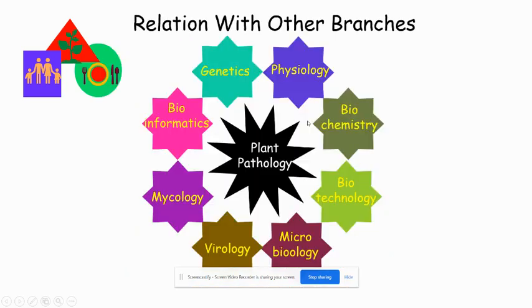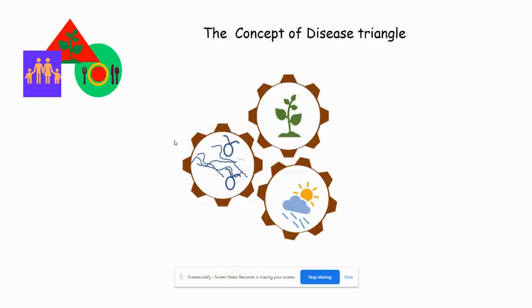Thus, disease does not deal with a single plant, that is plant pathology. This plant pathology is closely associated with other fields of biological sciences, that is genetics, physiology, biochemistry, biotechnology, microbiology, virology, mycology, and bioinformatics. Thus, we can say it is an interdisciplinary, interconnected branch.